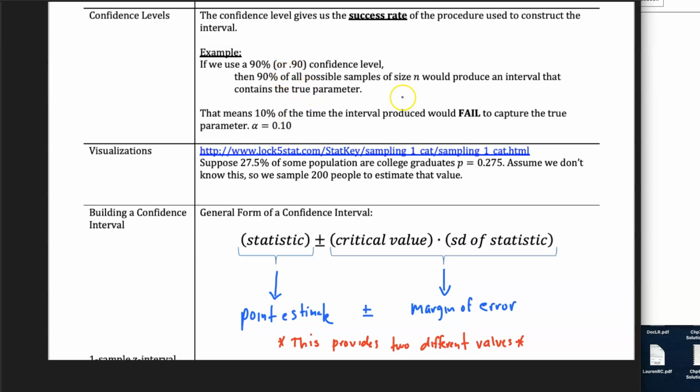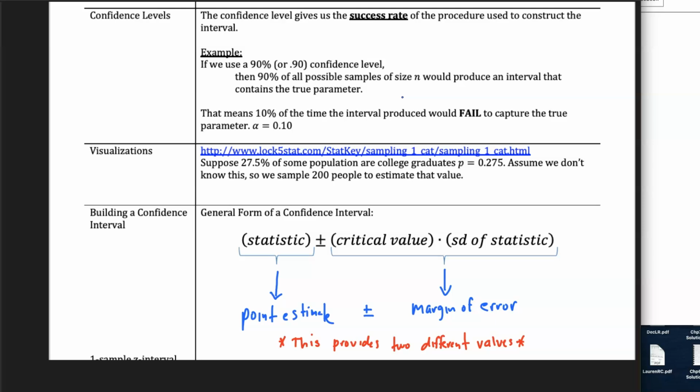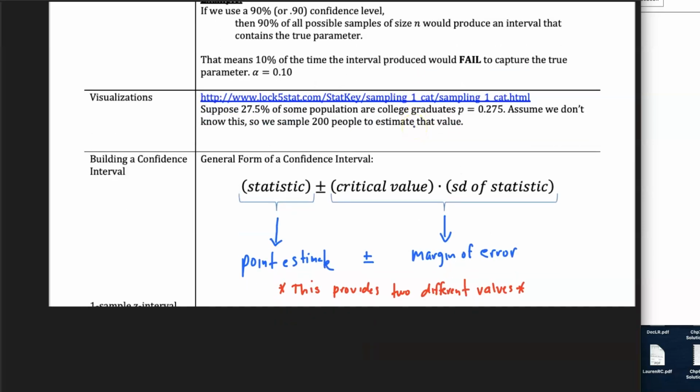We're 90% confident that the estimate I give you actually contains the population parameter. And if we're 90% confident about something, we're 10% not confident, if you think about that in terms of confidence levels.